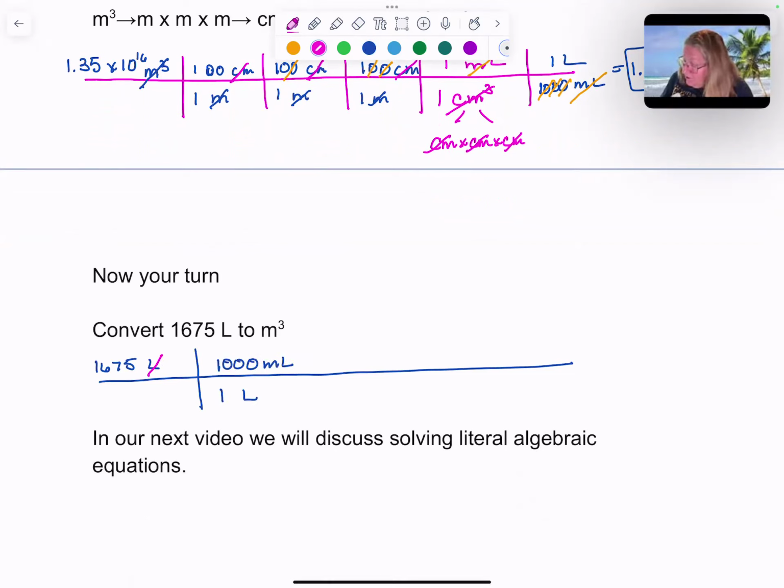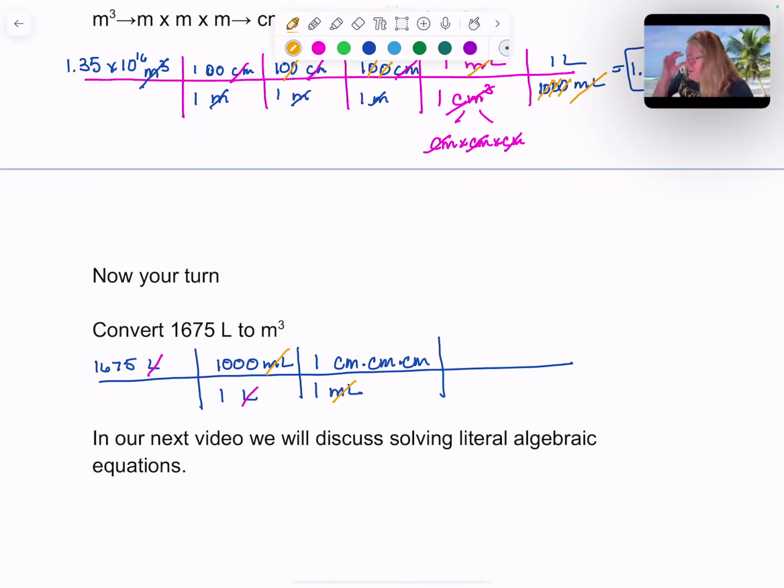That allowed our liters to cancel. I can use milliliter to take me to a length unit. For every 1 milliliter, there's 1 centimeter times centimeter times centimeter, or a cubic centimeter. That allowed my milliliters to cancel out.